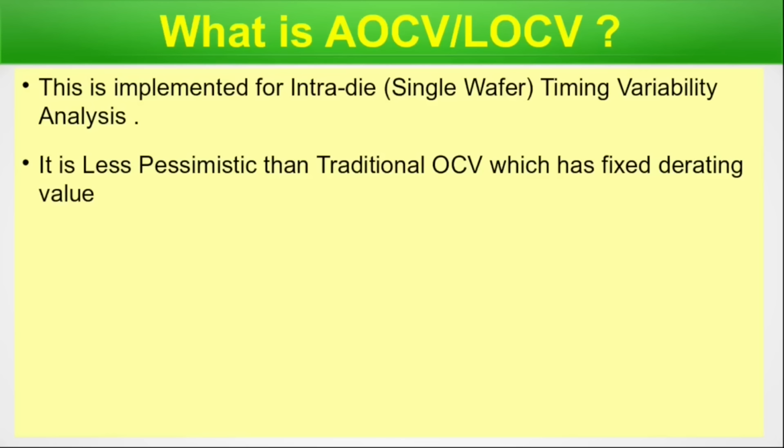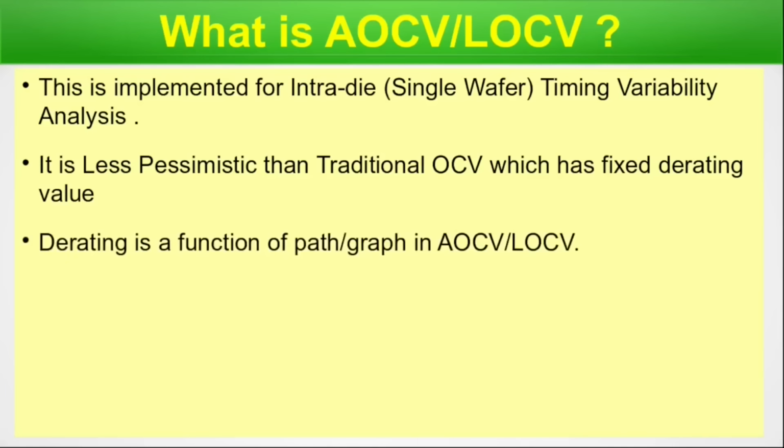However, AOCV became very prominent around the 65 nanometer node or below. Above the 90 nanometer node, there was no need to consider AOCV or LOCV. But in the sub-nanometer domain, around or below the 65 nanometer node, AOCV has great importance.